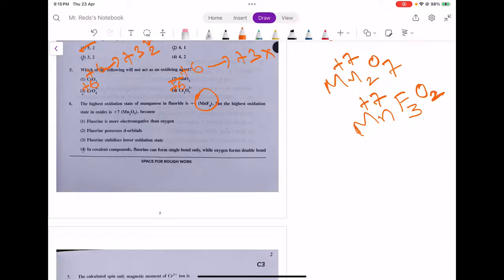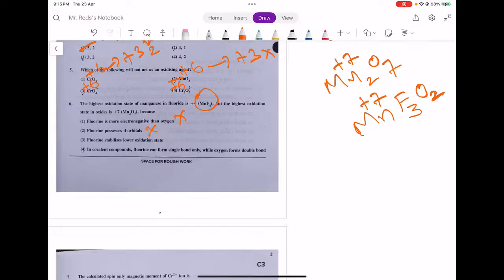Here, which option is correct? Fluorine is more electronegative than oxygen: this is not the correct option for the highest oxidation state in oxides being +7. Fluorine does not possess d orbitals.